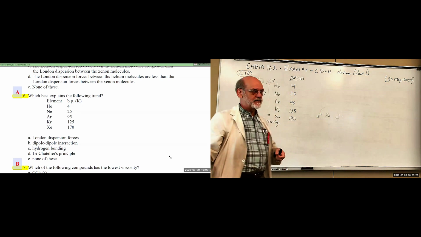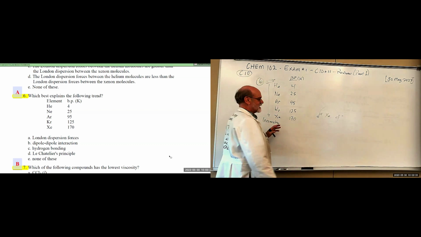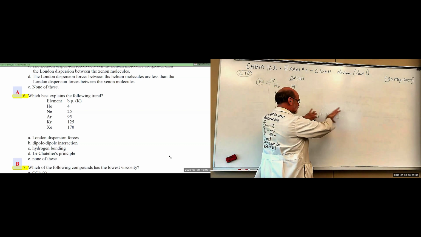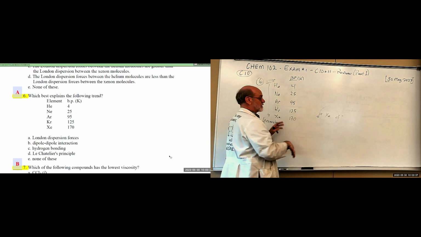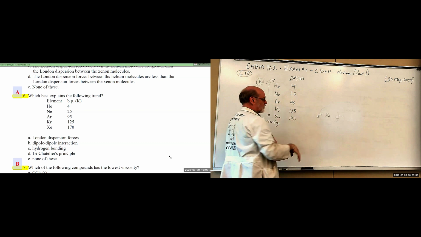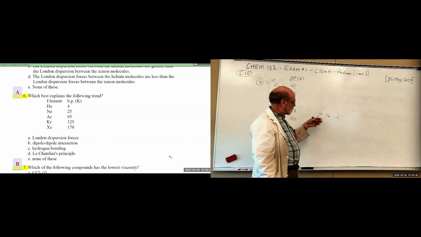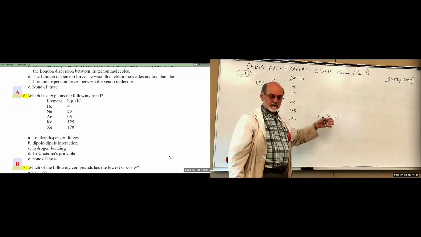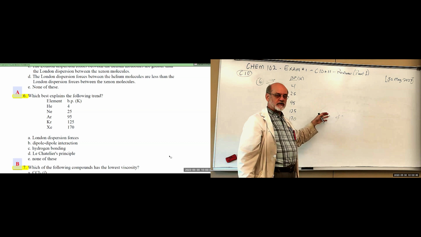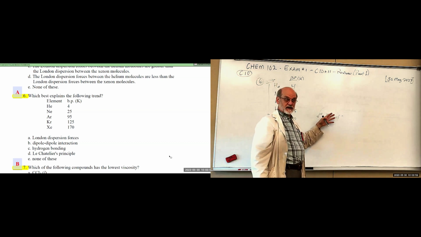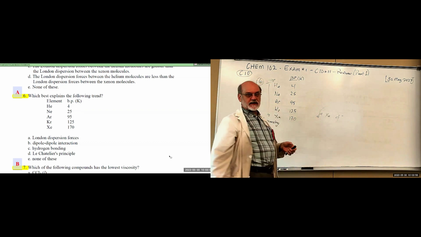They're stable for maybe a picosecond. But you get that distribution more frequently and more pronounced as you get bigger. Well, what does that do for the boiling point? The longer you can maintain these London dispersion distributions, the larger the London dispersion forces become, and that reflects itself in the increase in boiling point.